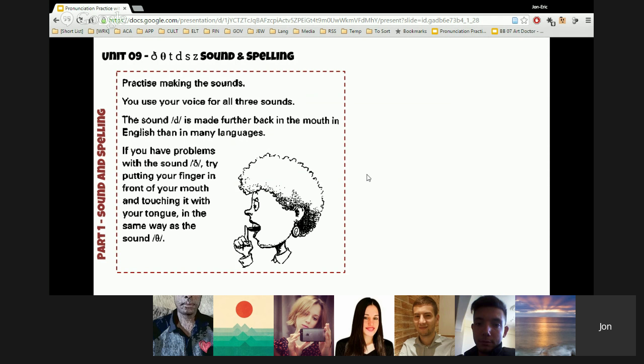If you have any problems with the sound the, try putting your finger in front of your mouth and touching it with your tongue in the same way as the. So this is what you do. Here's the trick. Take a look. If it's difficult, all you do is put out your tongue, touch your finger with your tongue, and you say then with your tongue out.